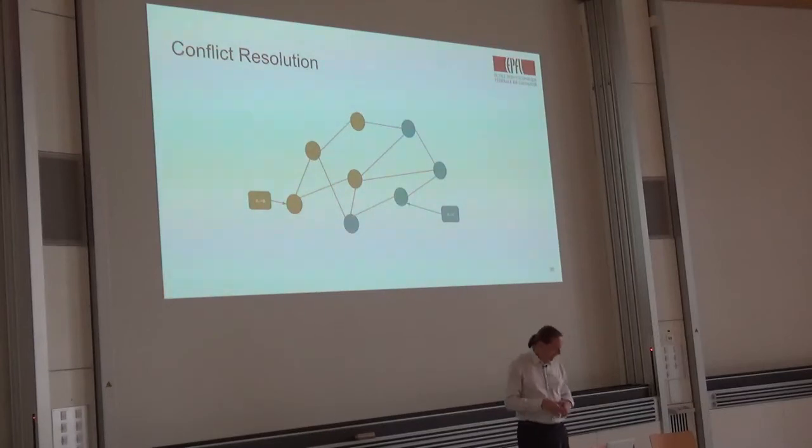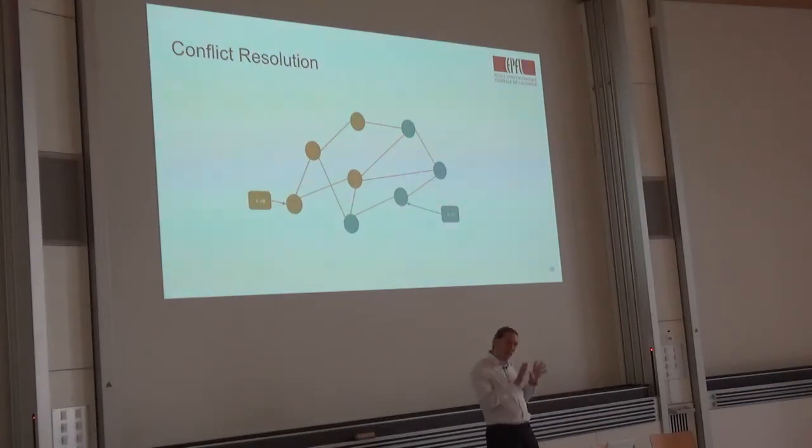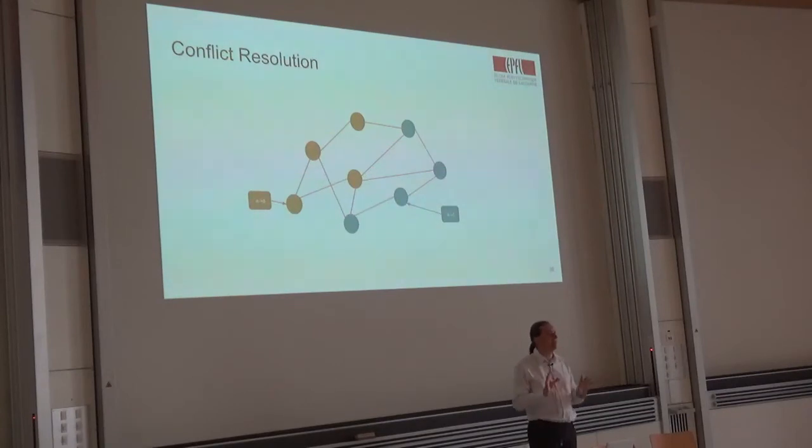Then we have to resolve this to figure out one state of the universe. Maybe we don't care that much which of these transactions wins, but one of them had better win, and everybody had better come to agreement on which of them wins, right?